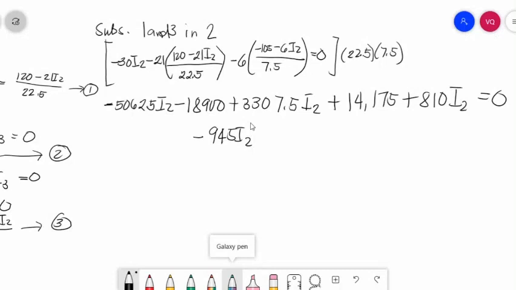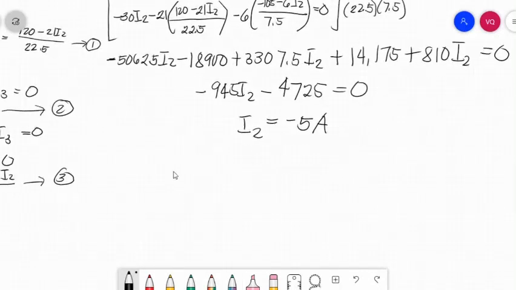Negative 18,900 plus 14,175 is equal to negative 4,725 is equal to 0. So, solving for I2, loop current I2 is equal to negative 5 amperes.